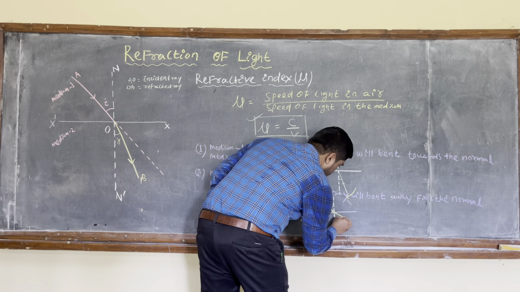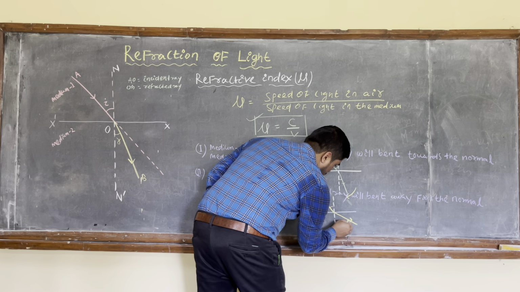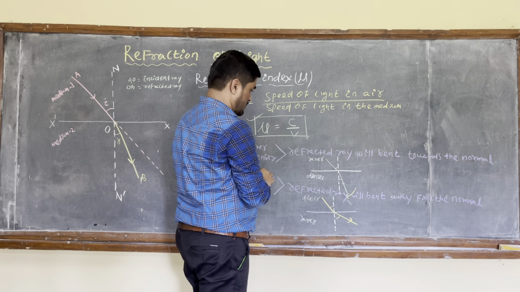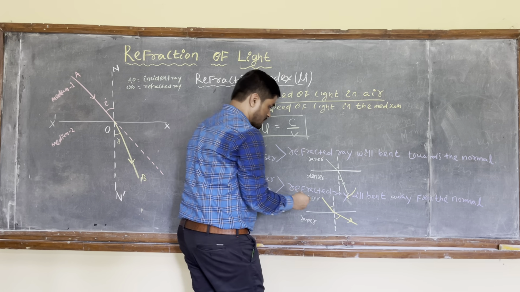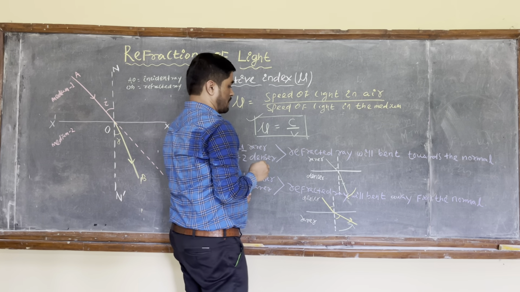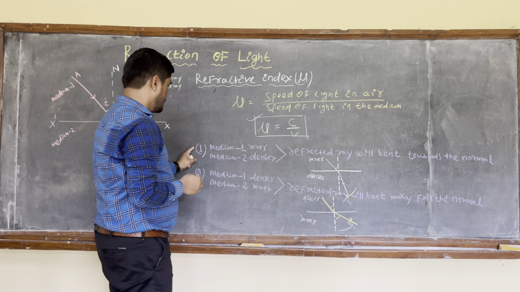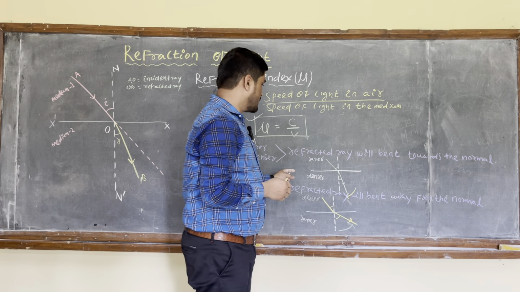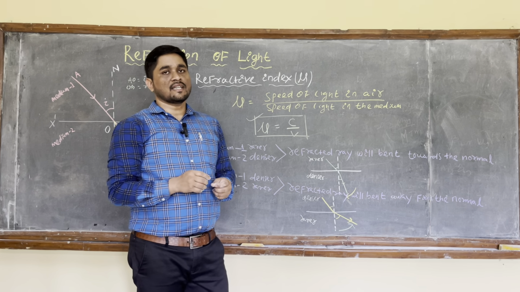That means this will be the path of the refracted ray and this will be the angle of refraction. You have to remember these two cases that apply to a refracted ray.